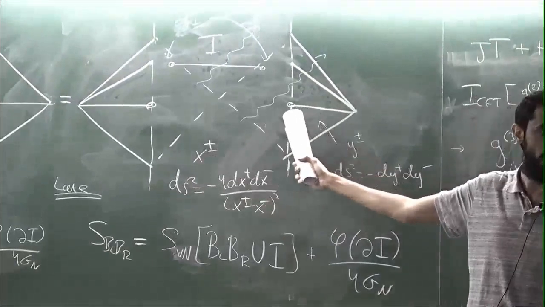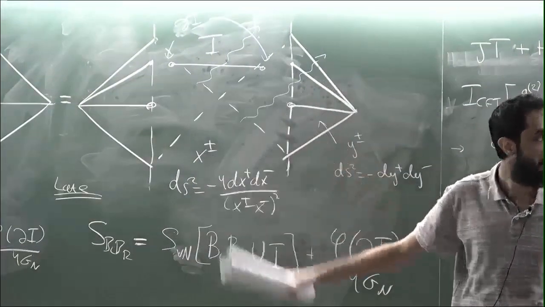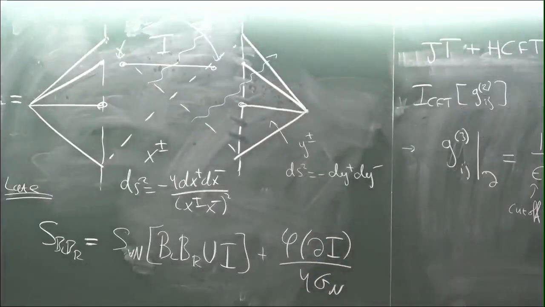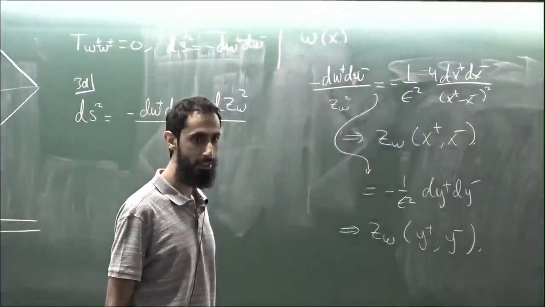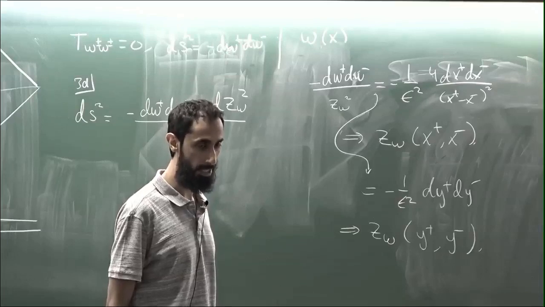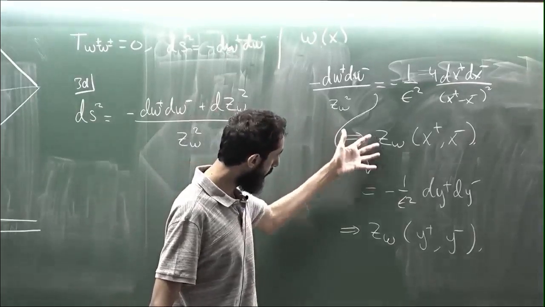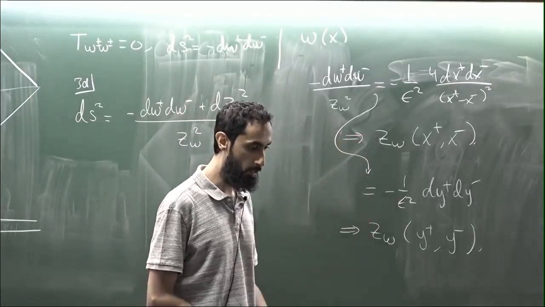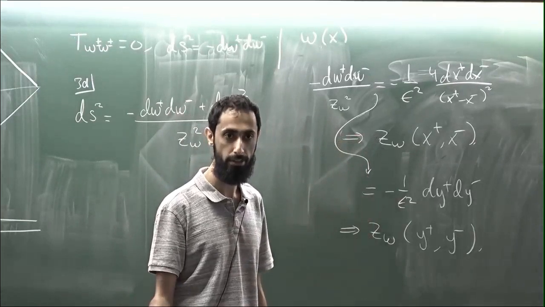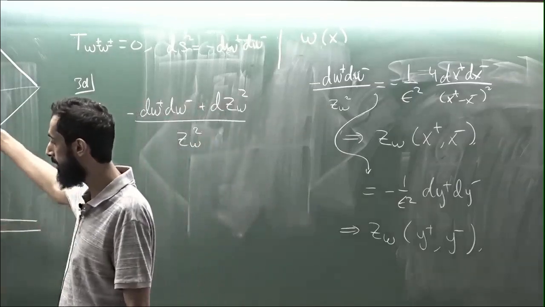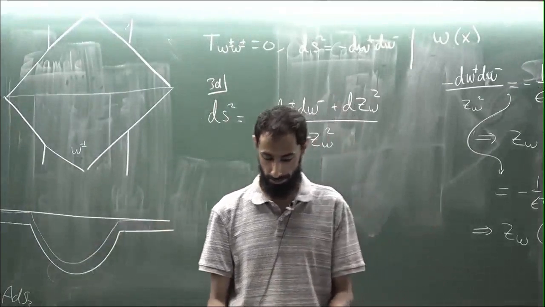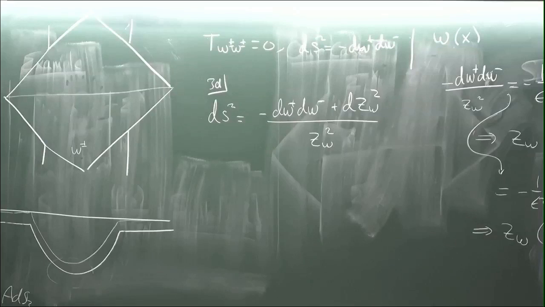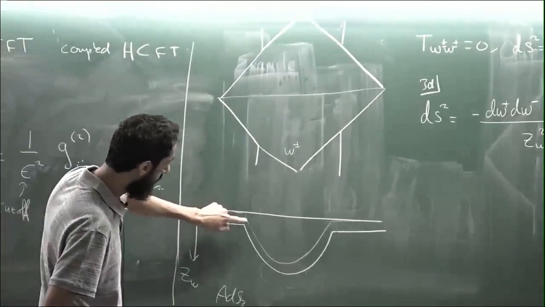But the stress tensor in Y is not 0, okay? Because there's radiation coming out. And this coordinate transformation has all that information in it. So in a way, the coordinate transformation is the one which gives you the state. Exactly. And so this function, Z of omega, really knows some details about the state, okay? The evolution of the state as a function of time is captured by the motion of the cutoff surface in 3 dimensions. It's not an asymptotic surface anymore. Here it's an asymptotic surface, but here it's not.